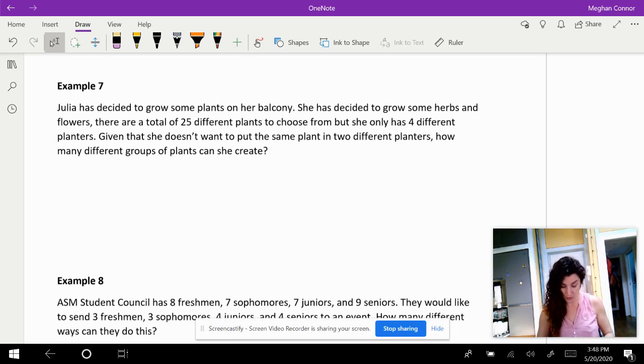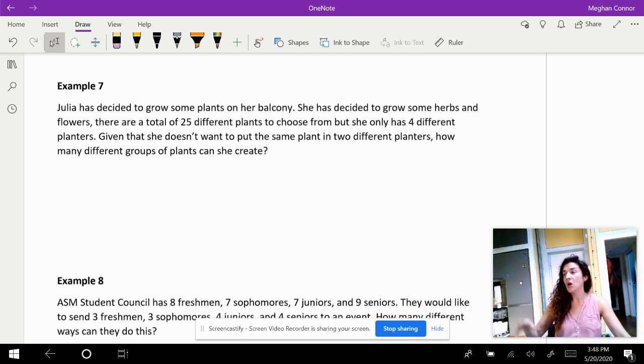So there's a few things here that I made clear in this problem to make sure that you knew that this would be a combination, that you can't choose the same plant to be in 2 different planters. Also, we're assuming that 1 planter will hold 1 plant. So we need to pick out 4 plants from the options of 25 different plants, but there's not a specific order.